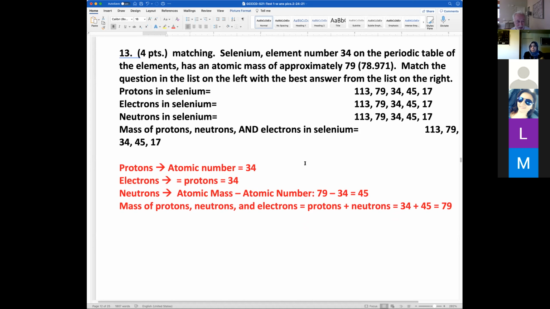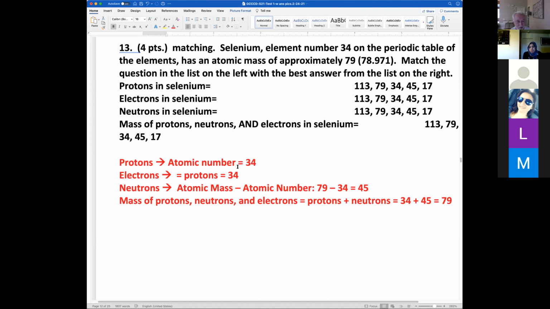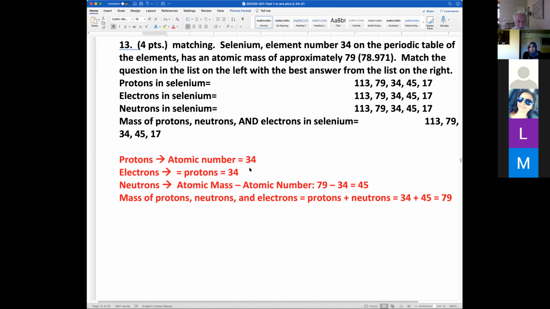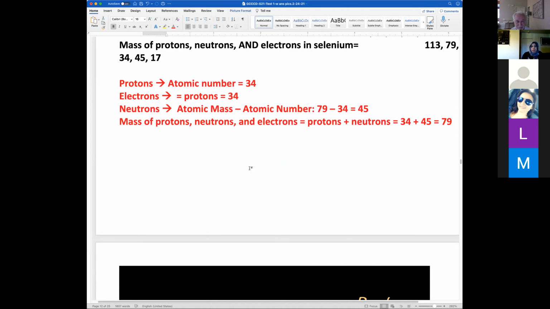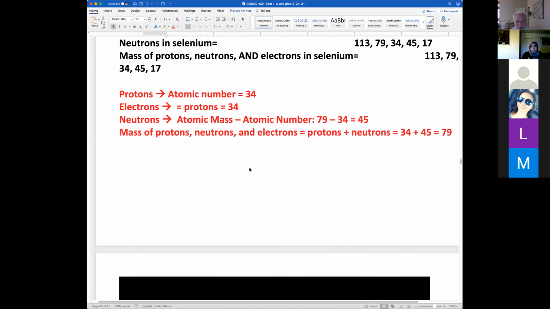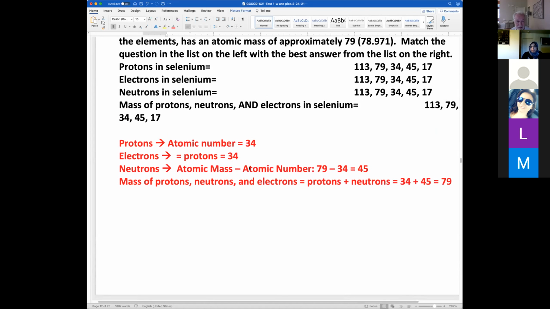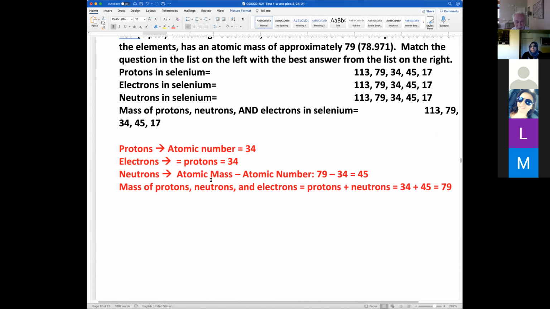And the number of protons is always, or almost always, equal to the number of electrons, so that is 34. Number of neutrons, how do you derive that? Well, it's given here. The atomic mass minus the atomic number is 79 minus 34, so the number of neutrons is 45.